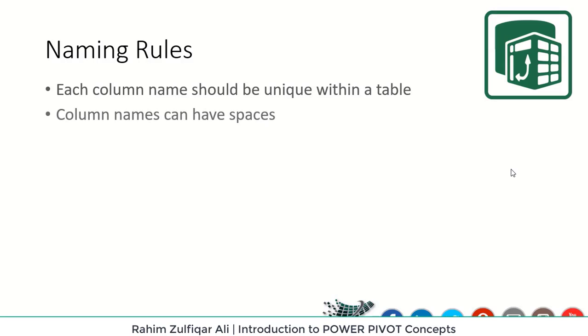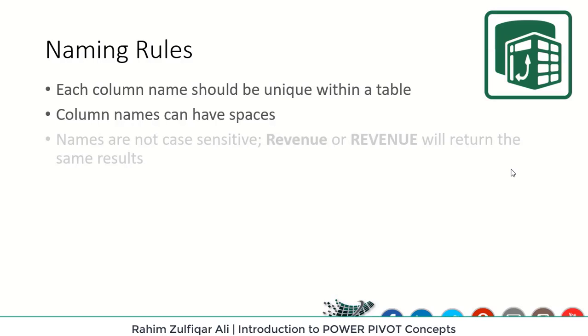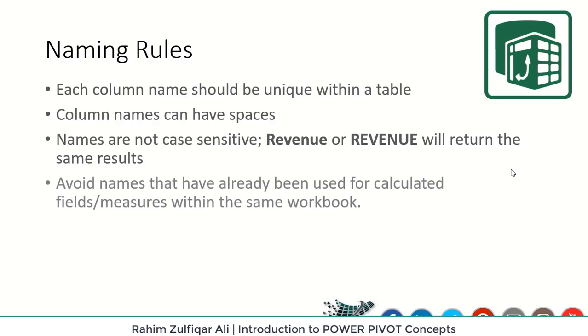Then, column names can have spaces, so you can give spaces within the column names. Names are not case sensitive, so if I write revenue in capital letters or small letters, it will return the same results when I use the explicit measure and put the DAX in it.